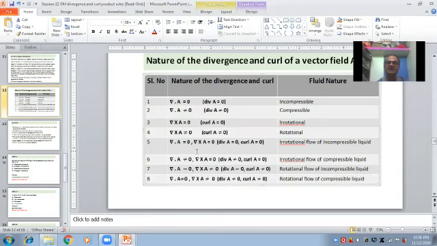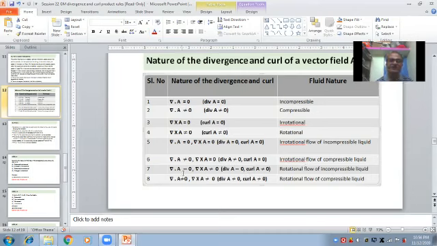And together, divergence and curl together, we can see divergence is 0, curl is 0, both are 0, then it is the case of irrotational flow of incompressible fluid. Next, divergence is not 0 but curl is 0, then it is a case of irrotational flow of compressible fluid.